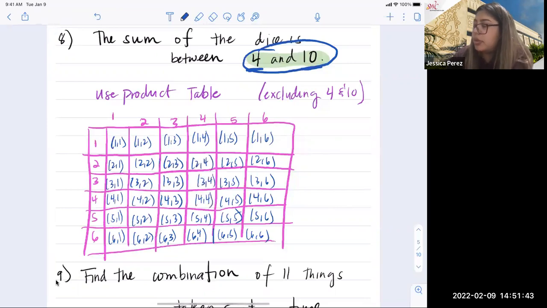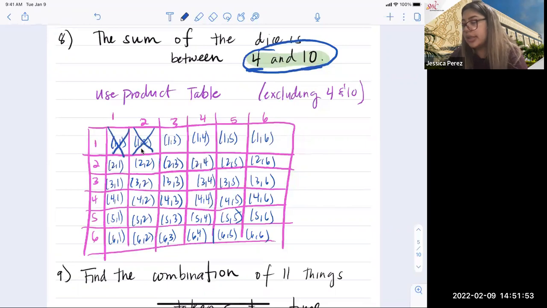Okay, so you are excluding 4 and 10 for the sum. So 1 plus 1 is 2, that doesn't count. 1 plus 2 is 3, that doesn't count. Excluding 4, that gives you something less than or equal to 4, so not that one.